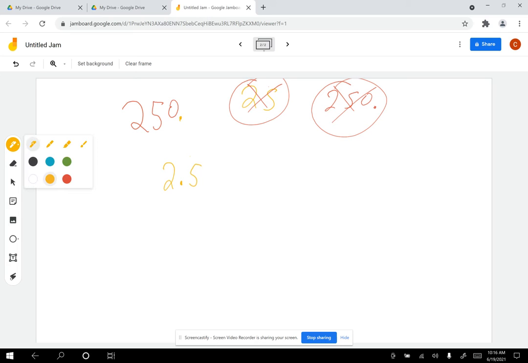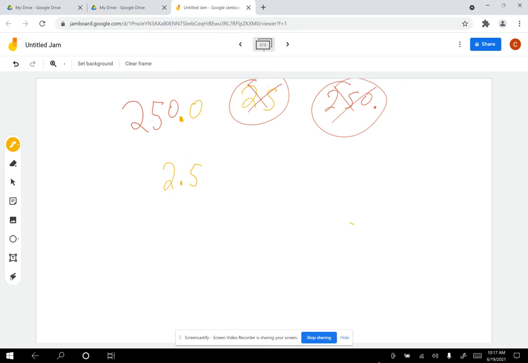So, as we talked about before, our decimal point in the beginning of this regular number in standard notation comes at the end of our number. So it would be like 250.0, or even 250. And we know that our new decimal point must be right here, like we're creating our decimal of 2.5.